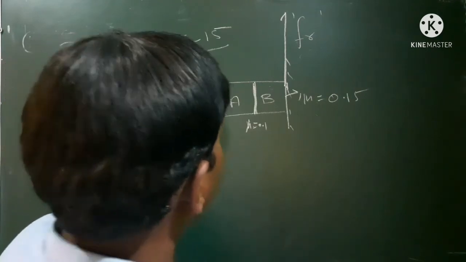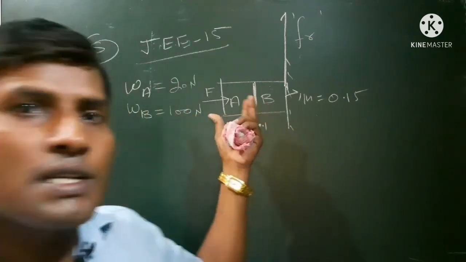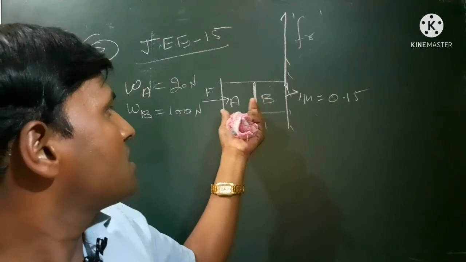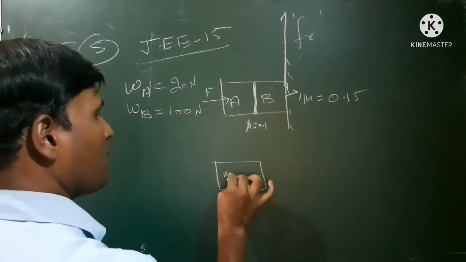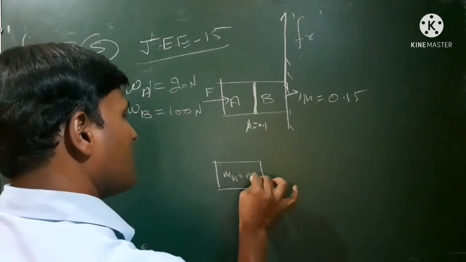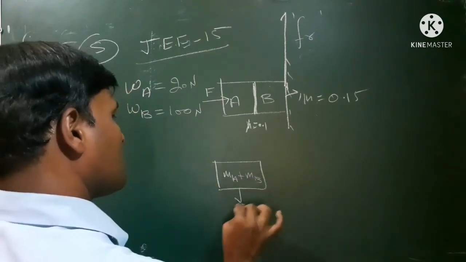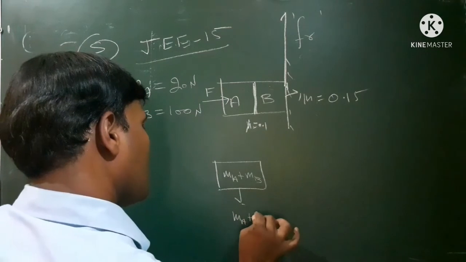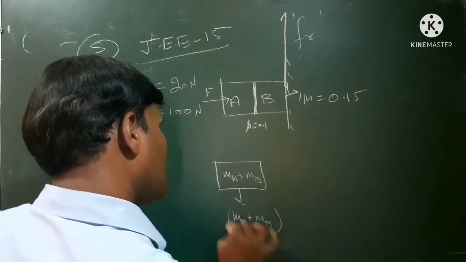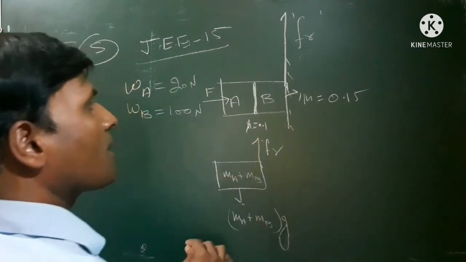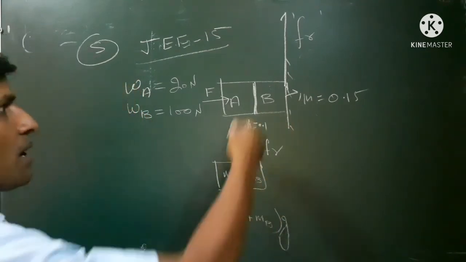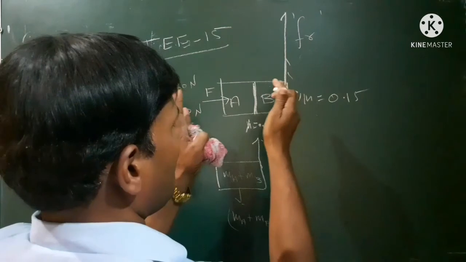It is very easy. You don't have to break the system, just take it as one system of MA and MB. The total weight is MA plus MB into G, and the force of friction Fr must balance it because the system is at rest.